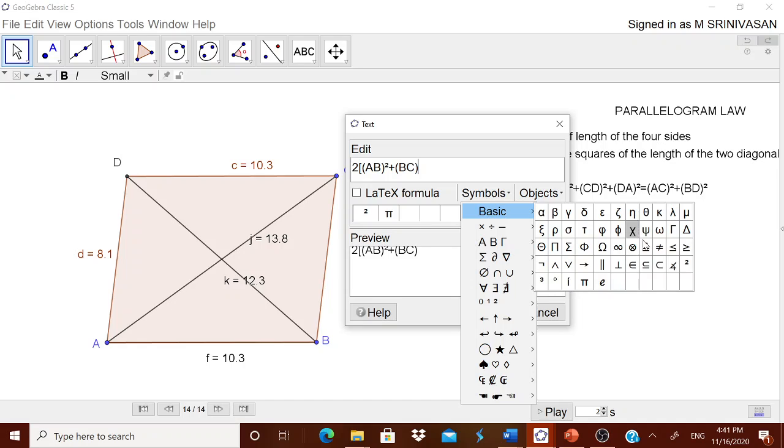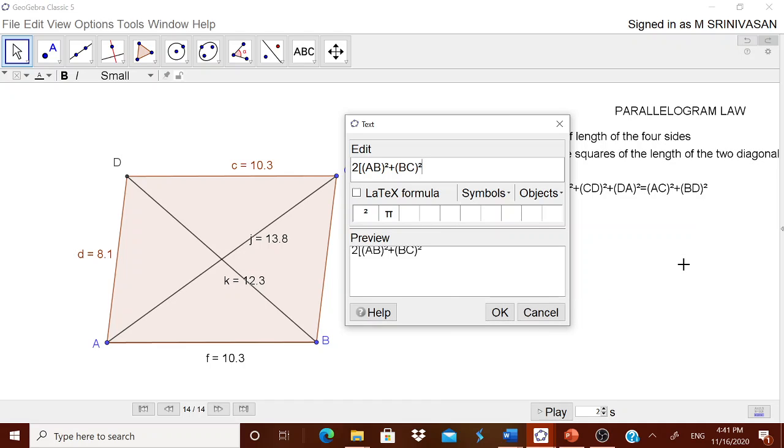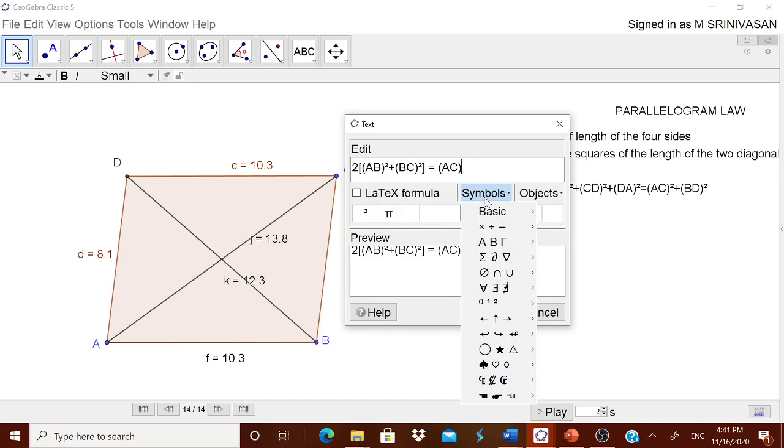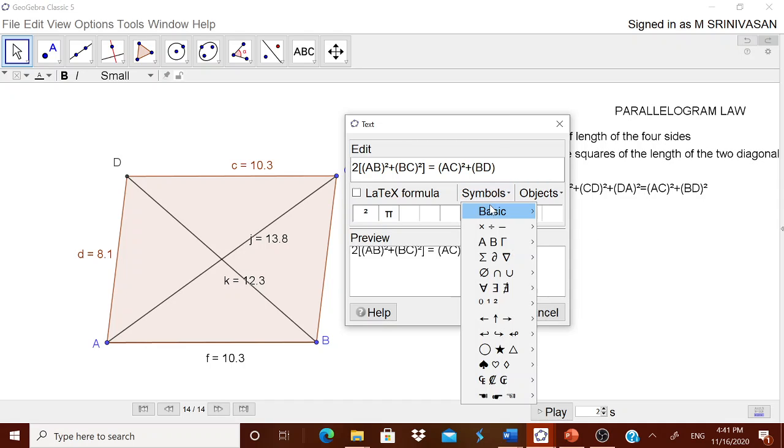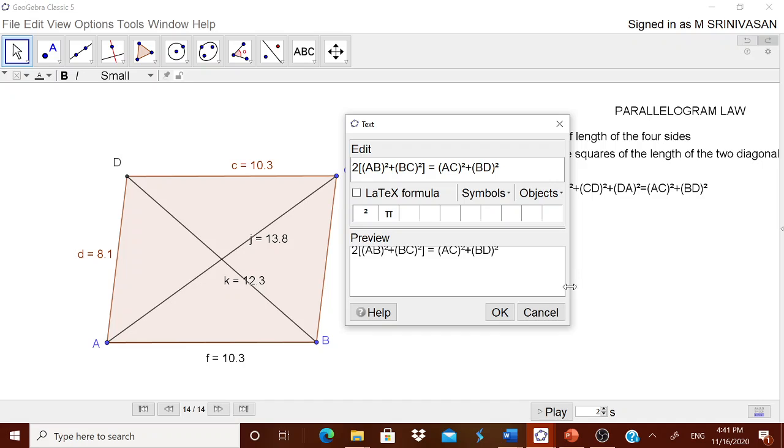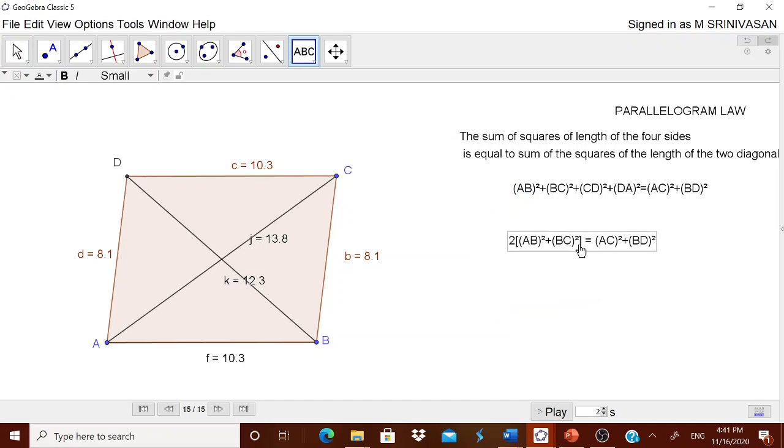So 2 times AB square plus BC square is equal to AC square plus BD square. Have some patience, it is coming over there now.